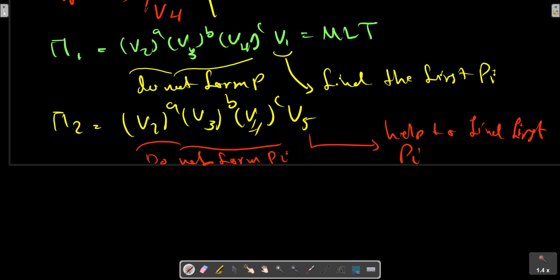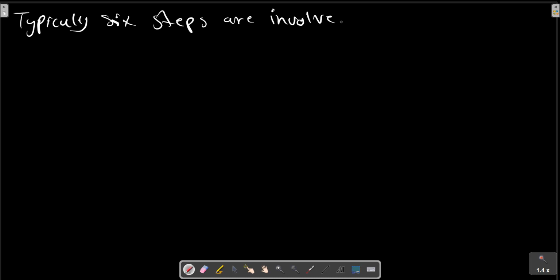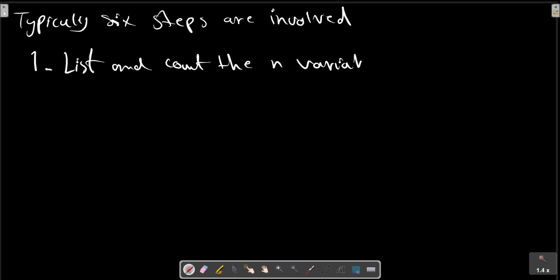Typically, 6 steps are involved to analyze a problem with the pi theorem. The first step is to list and count the n variables involved in the problem.